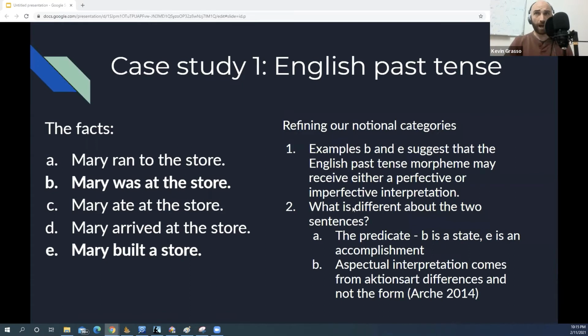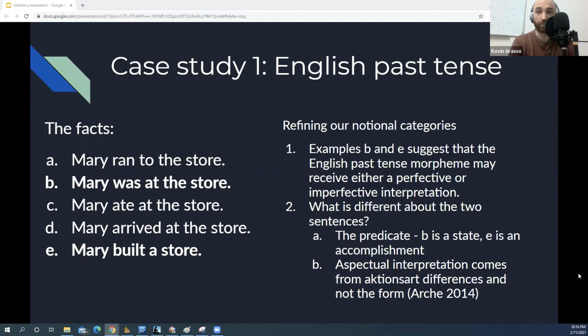So my suggestion, and I'm not the first person to suggest this, is to say that examples B and E actually mean that the actionsart of the predicate is determining our interpretation and not the verb form, right?